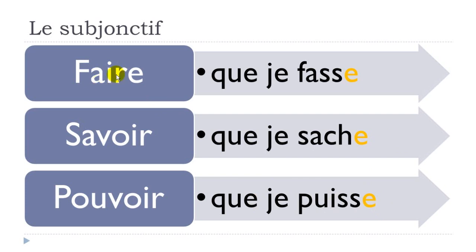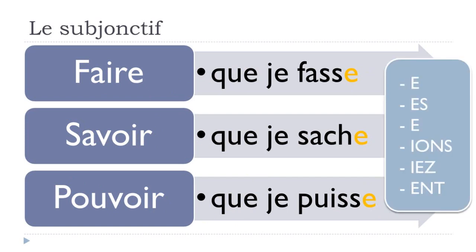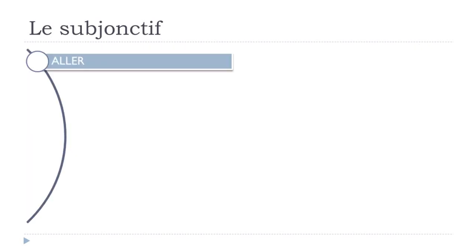Okay, so remember, faire, to do, que je fasse, savoir, to know, que je sache, pouvoir, can, que je puisse. All right? And then of course the endings: e, es, e, ions, iez, ent. Of course, we've got some more tricky verbs, and aller is usually one of them. Aller means to go. Have a look.